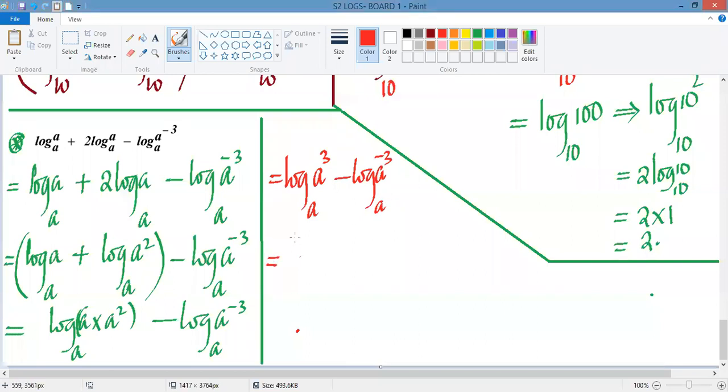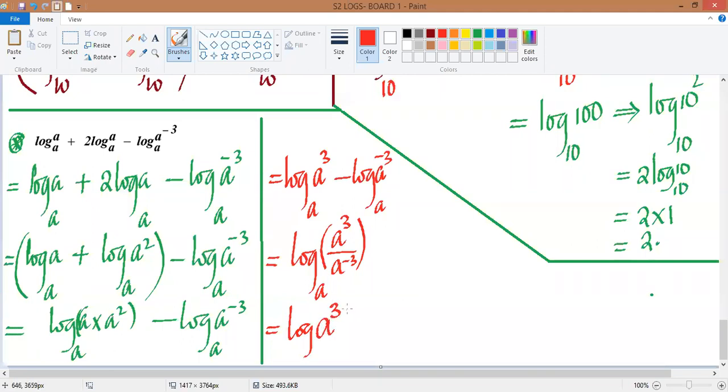Since we are subtracting, we can then divide log a cubed by log a to power -3 to the same base a. And we know that when dividing logs, we subtract the powers.